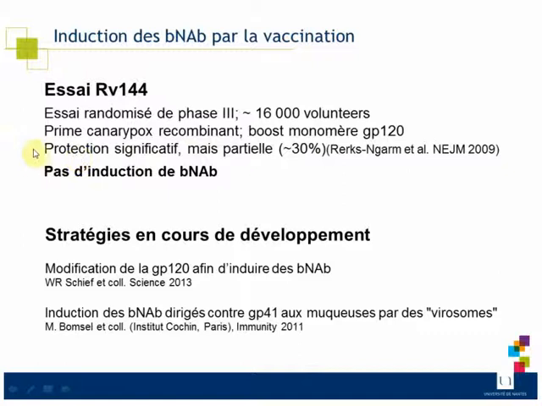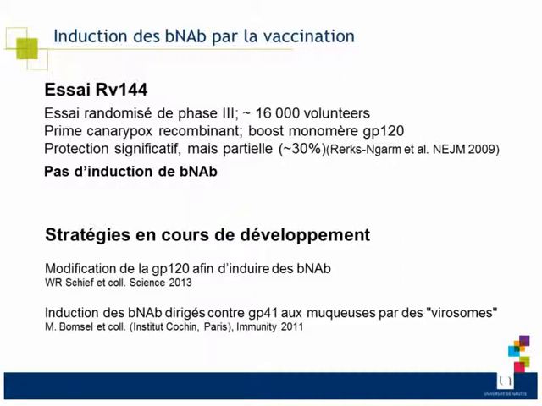And this is a very remarkable study because it's the only HIV vaccine trial that showed evidence of some kind of protection. So it was calculated that it was about 30% protection amongst the people who received vaccine. That's encouraging. But when you look, in fact, there's no evidence of induction of broadly neutralizing antibodies in this trial.